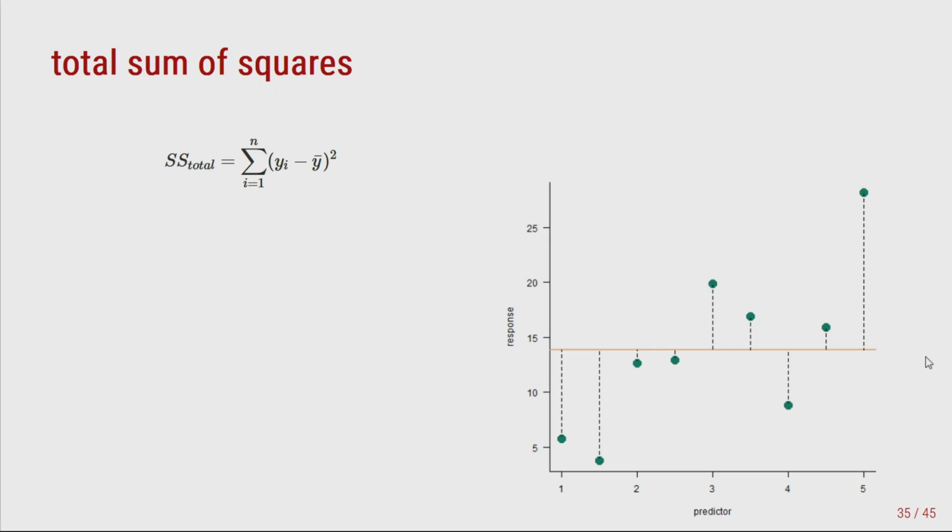So we can calculate the total sum of squares by this formula, and this is the graphic representation of what we would do here. The total sum of squares is basically the difference between every data point, every yi, and the mean value of the response variable, the squared difference, and we sum all of those components.